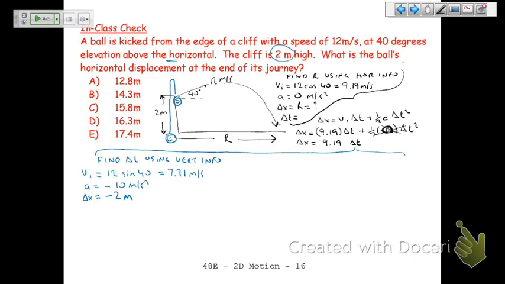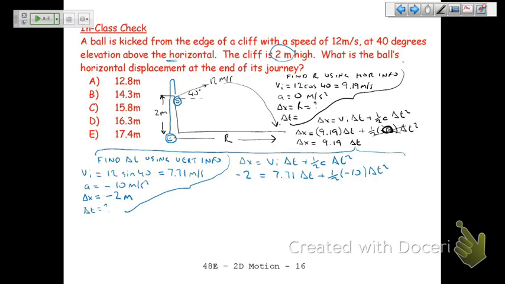So then I want to find my delta t, and I say, well, let's have a look at this. Delta x is equal to vi delta t plus 1/2 a delta t squared. So delta x, minus 2, is equal to 7.71 times delta t plus 1/2 times minus 10 times delta t squared.